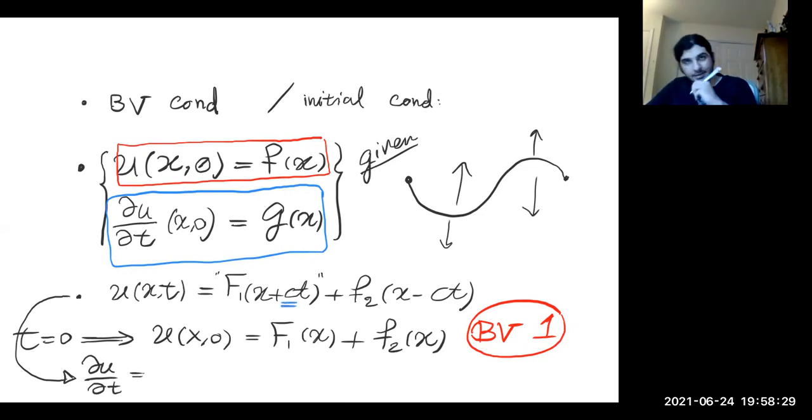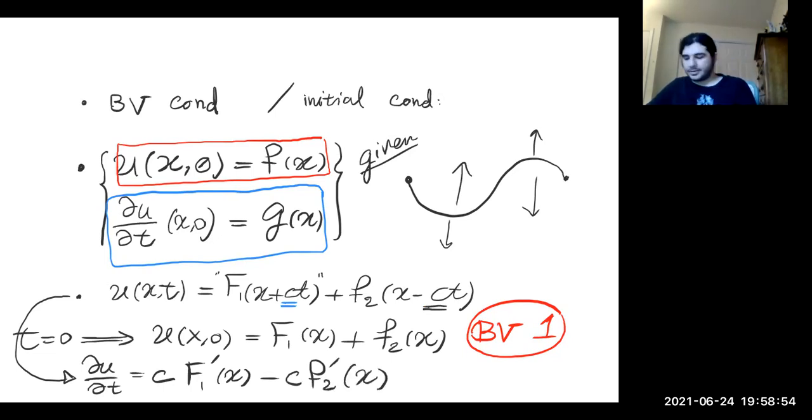So we get c times F1 prime at time t equals 0, which would be just x plus 0. Plus, sorry, minus, since minus c comes out when we take the derivative with respect to t, minus c F2 prime of x minus 0. This is supposed to be equal to the given function g. This is the second boundary value condition, boundary value condition number 2.